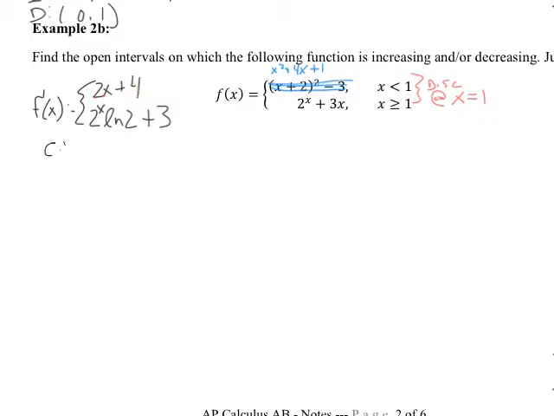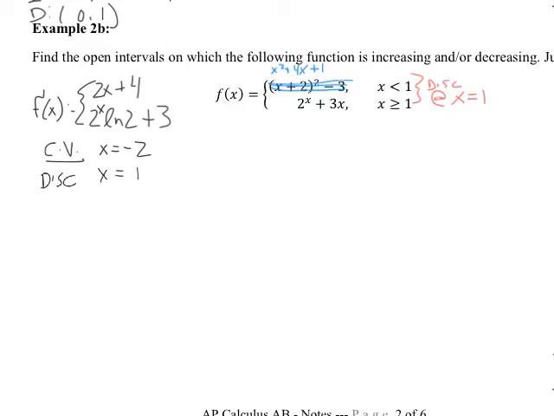So critical value at -2, and our bottom function will never equal 0 because this is always positive, this is always positive, this is always positive. So our bottom function has no critical values, but we do have the discontinuity at 1. So we'll also list that in here, the discontinuity at x equals 1.